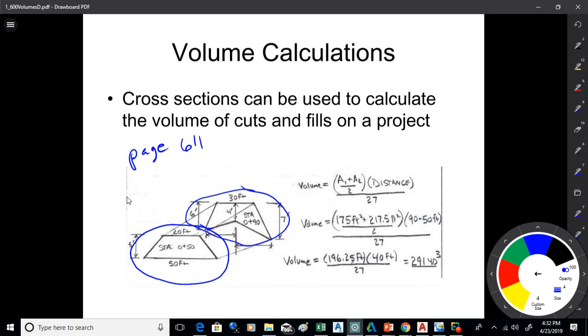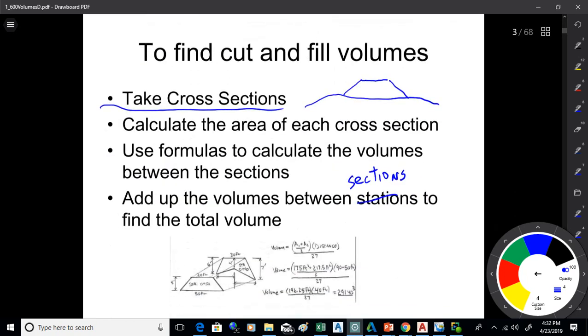All right, now we use cross sections to find the volume of cuts and fills on a project. So we take cross sections on the site before we build anything. Then we take cross sections of what we're building. And between those two things, we can figure out how much cut or fill was done in the job by using those cross sections.